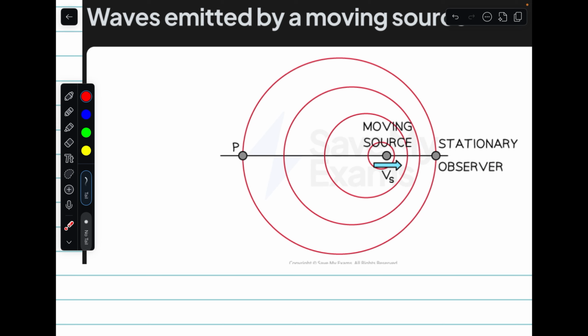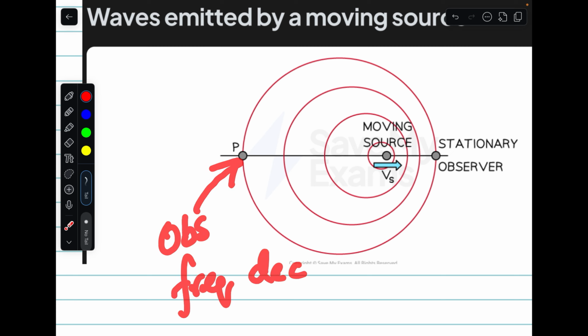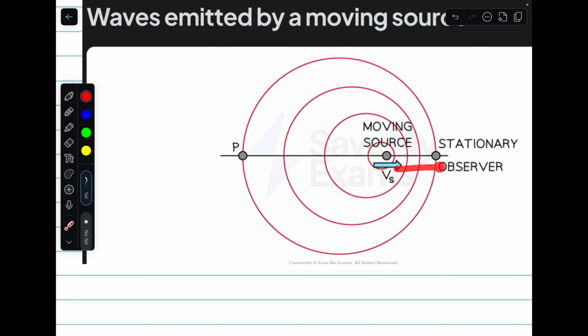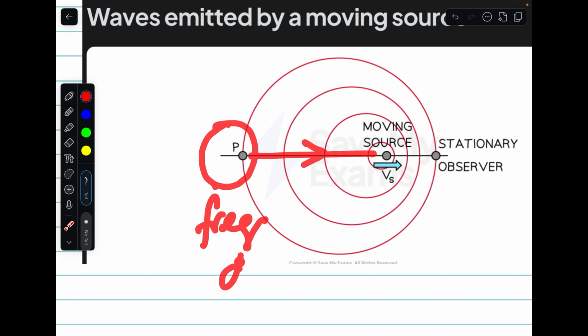And if the observer is standing at point P, the frequency will be decreased. So if the source is moving towards, the frequency increases, and if the source is moving away, for an observer standing at P, the frequency will decrease.